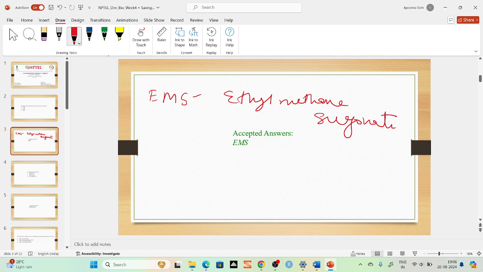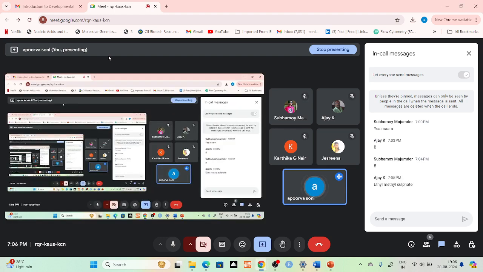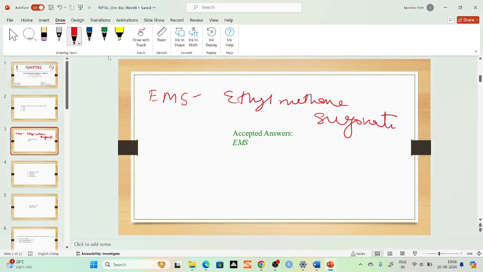ethyl methane sulfonate. Basically it is an alkylating agent. It induces mutagenesis by alkylating the guanine bases present in the DNA, so it leads to base mispairing.